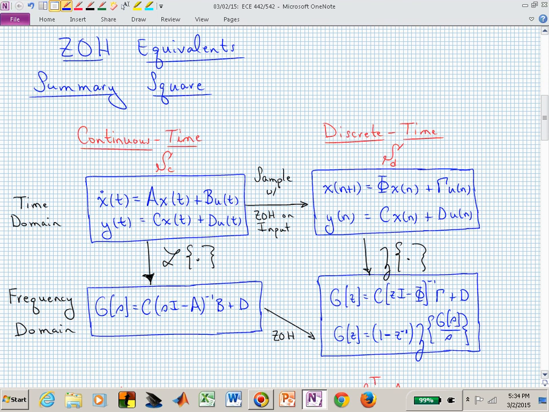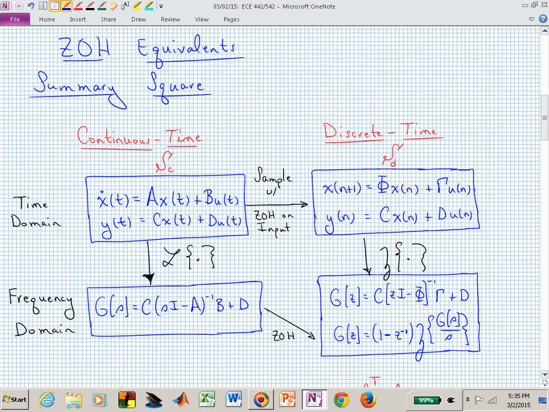And then we can also go from the state space into the frequency domain using the Z-transform approach, similarly to how we Laplace transformed the state space in continuous time down into a G of S. Or if we start with a G of S in the frequency domain, we can do the lower equation in the lower right-hand block, which is the G of S over S technique of going from continuous time to discrete time using the zero order hold equivalent techniques that we were talking about earlier.